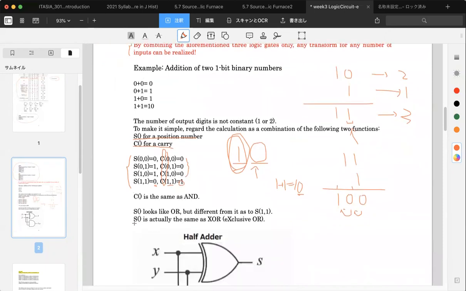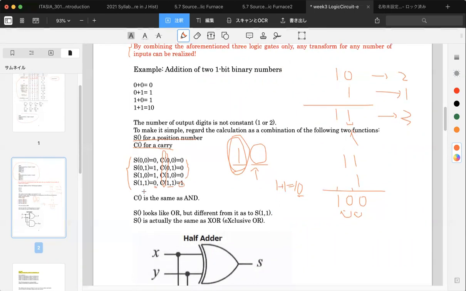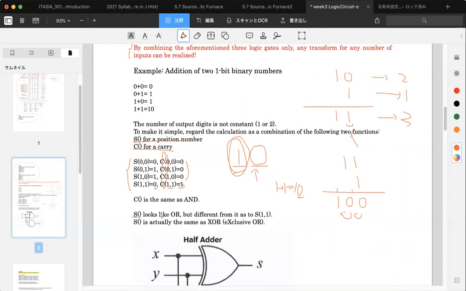But in the case of S, it looks like OR, like here suggests, but it's actually different, because if it's OR 1 1, sorry, my nasty handwriting, it's still 1.